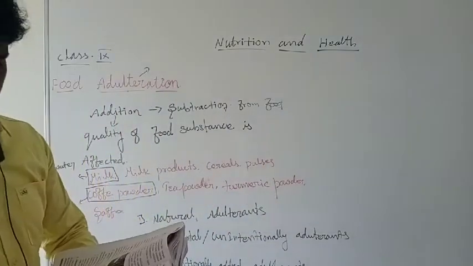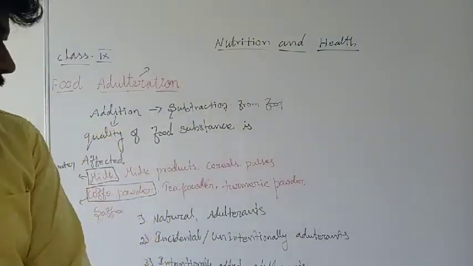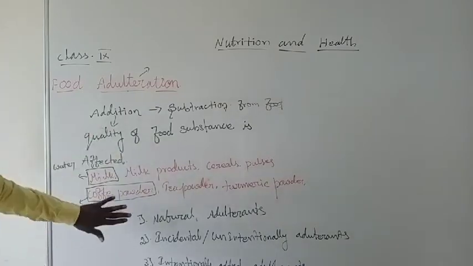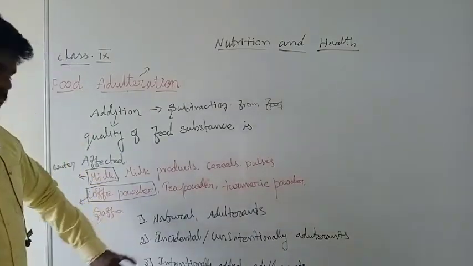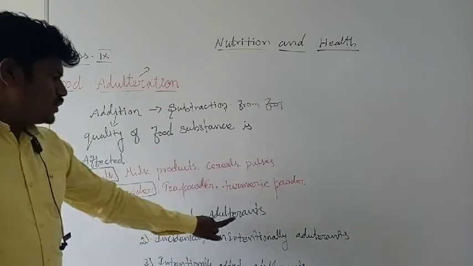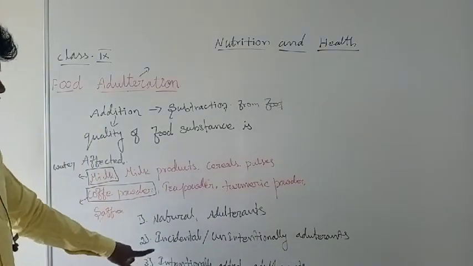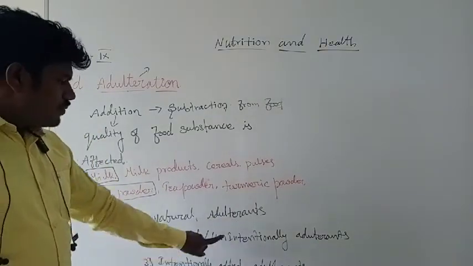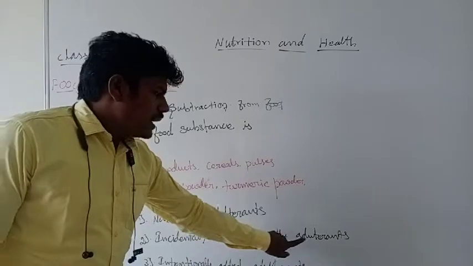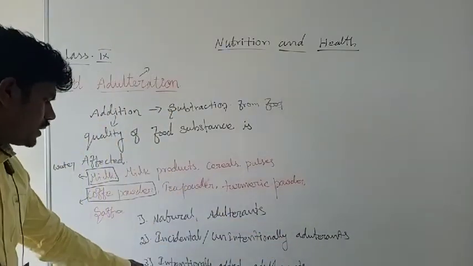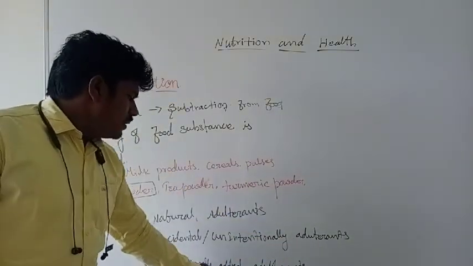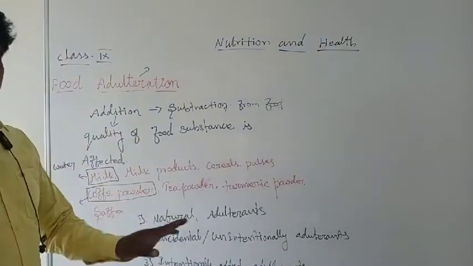You will often be asked what the types of adulterants are. They are classified in three types: natural adulterant, incidental or unintentional adulterant, and intentionally added adulterant.